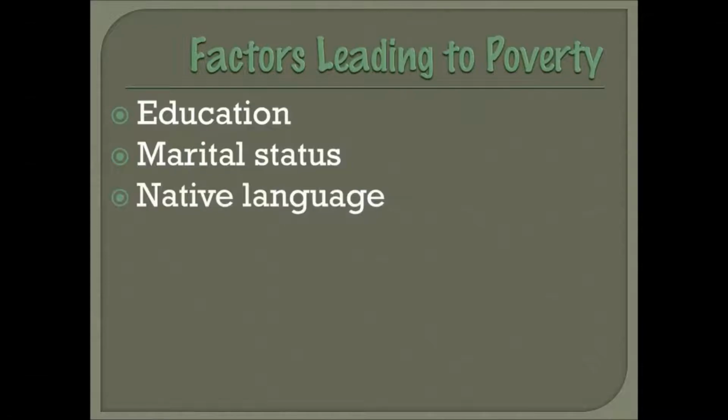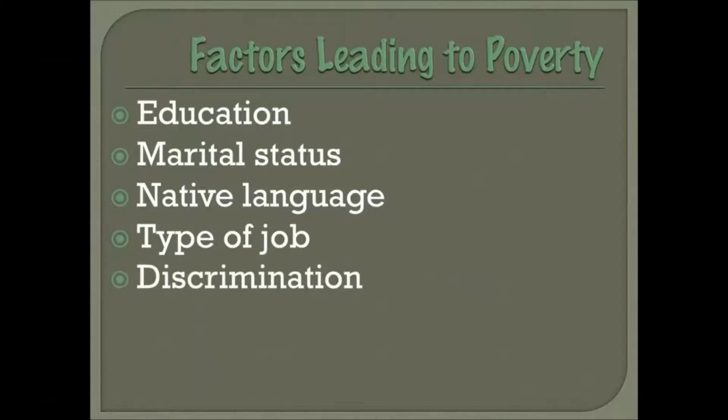Your native language: in the United States, people who are non-native English speakers tend to have a higher degree of poverty. The type of job you do: part-time workers tend to have higher levels of poverty than those who work full-time. And sometimes we do see a degree of discrimination. We find that women and minorities are more likely to experience high poverty rates than men do.